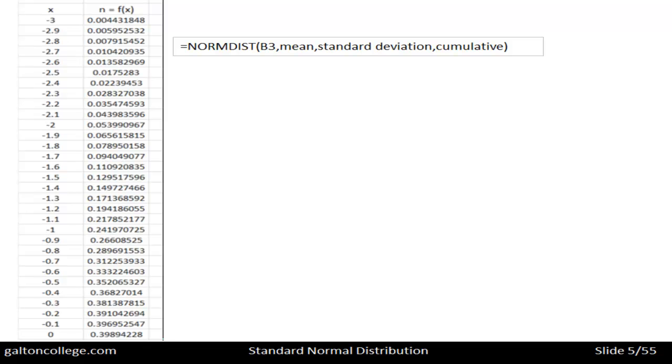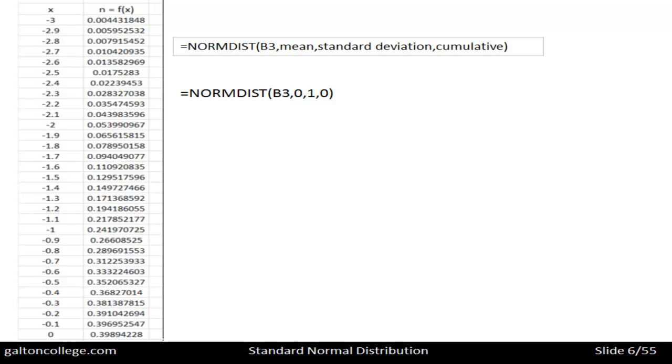If we enter that, which in this case would look like equals NORMDIST, because it's a formula, equals NORMDIST(B3,0,1,0). That's the formula we will need in Excel to generate our curve. So we enter that and we have defined our limits.